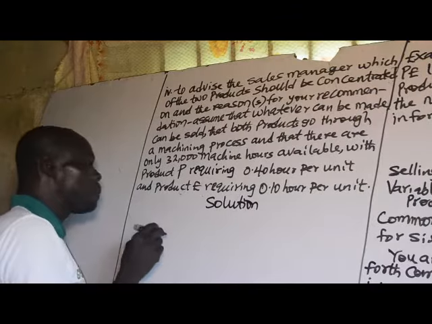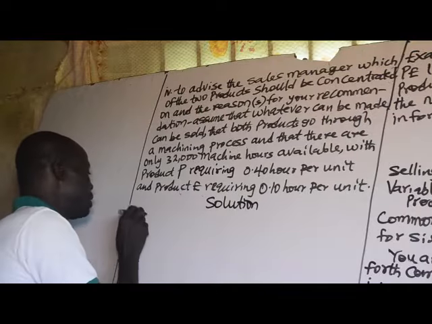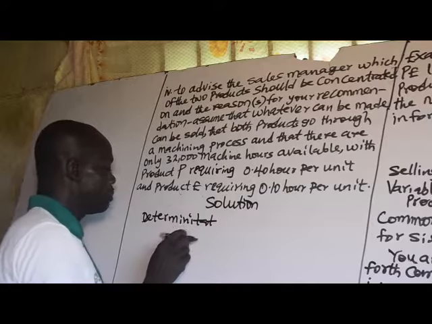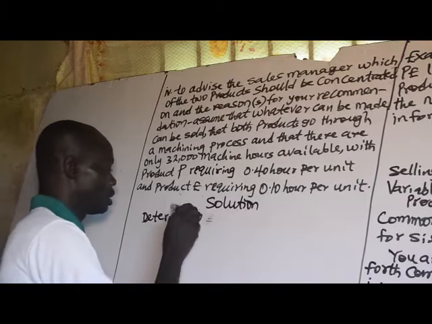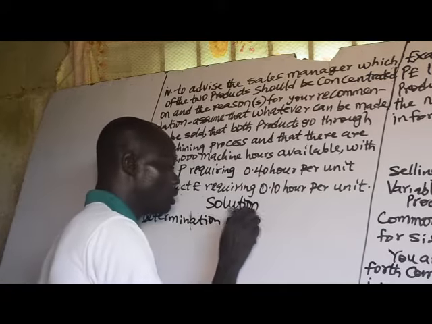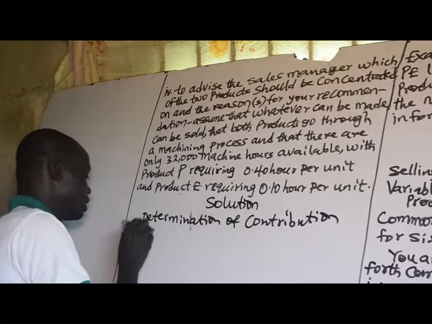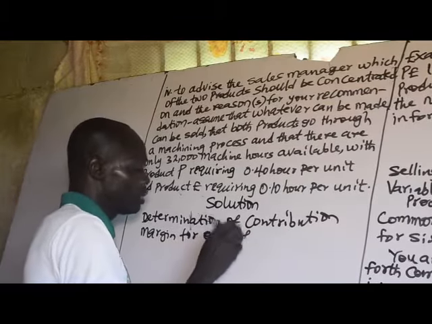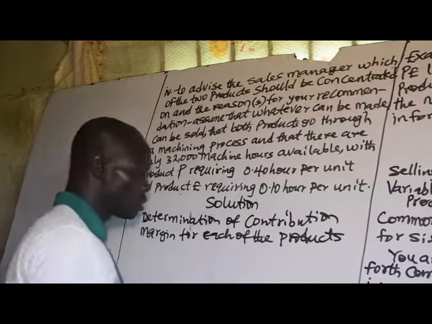So I've told you that the first step is to determine the contribution per unit. Determination of contribution margin for each of the products. 2 products are involved.